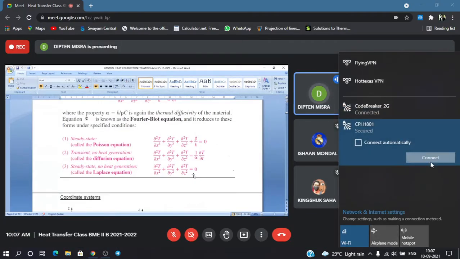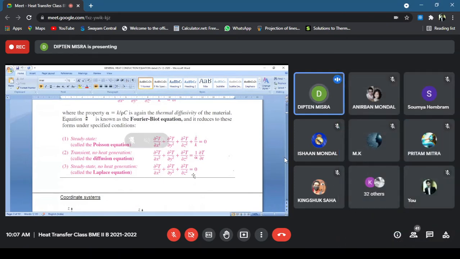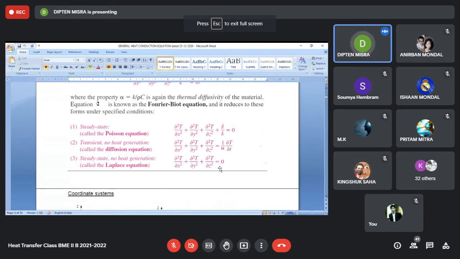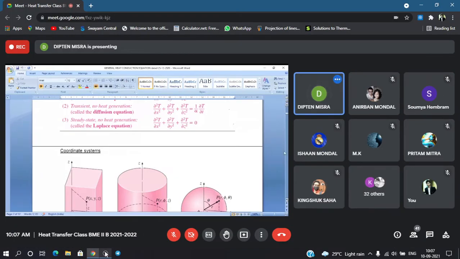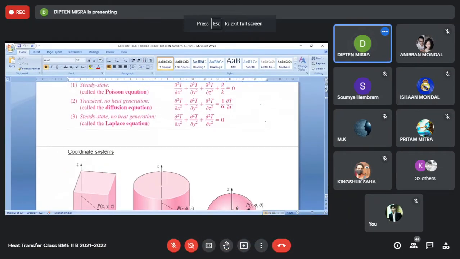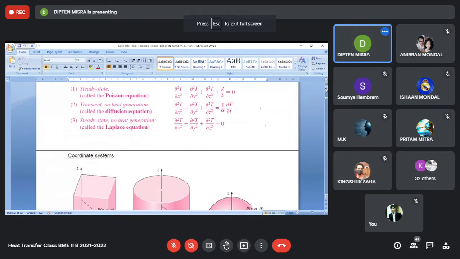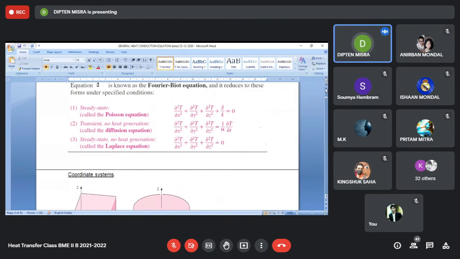And then we discussed about... I asked you to derive the corresponding heat conduction equation. Now, if you see this heat conduction equation, it is basically a second order equation in terms of X, Y, Z, and it is also an initial value problem.